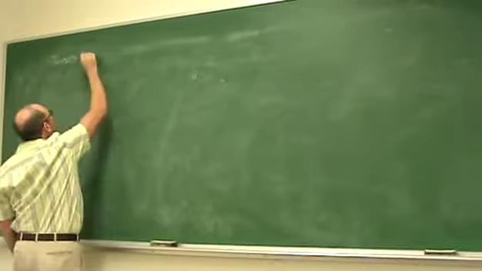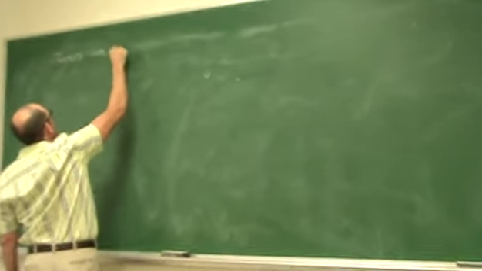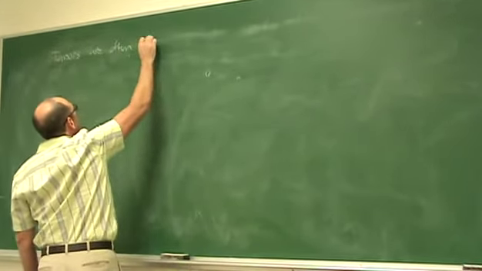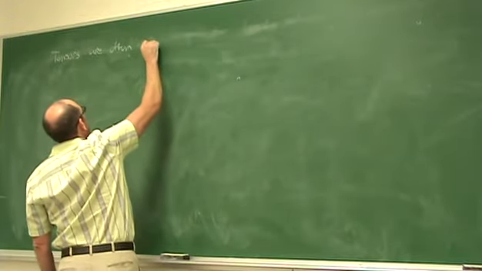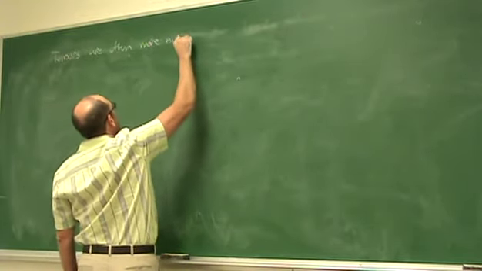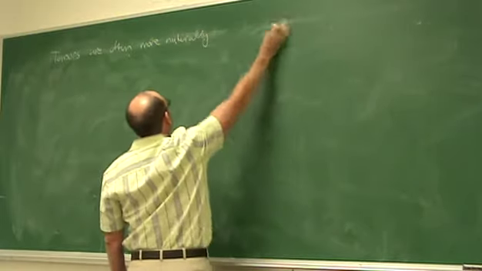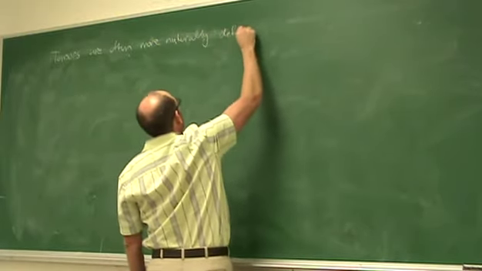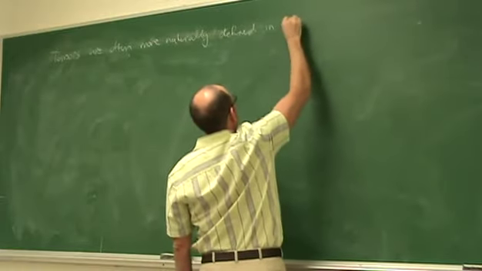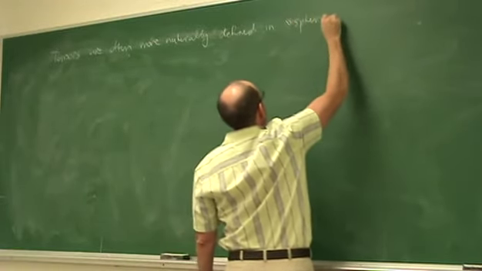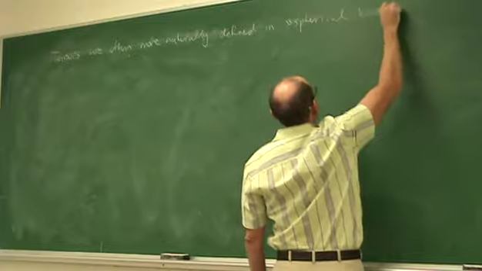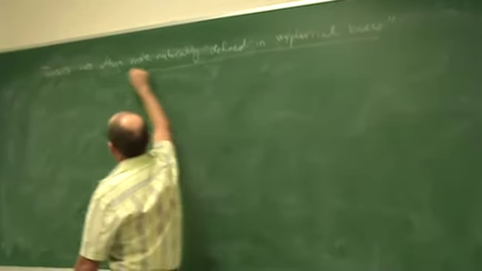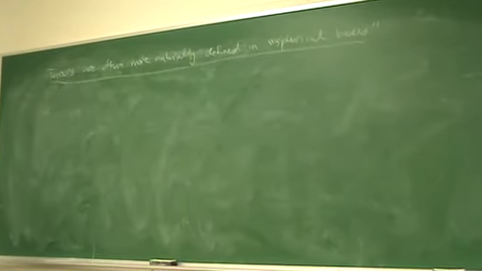Tensors are often more naturally defined in what's called the spherical basis. What do I mean by the spherical basis? This is not spherical coordinates, although there is some relationship to spherical coordinates that we will see in a moment.